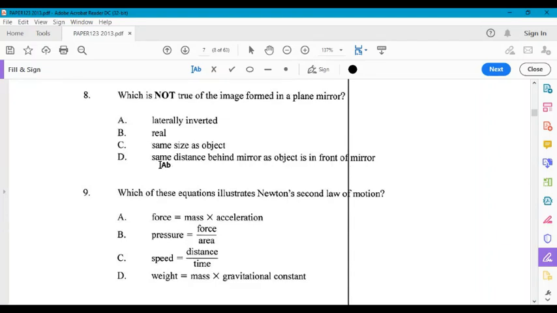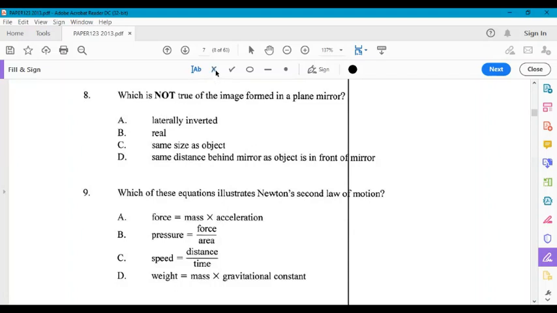So the object is always the same distance in front of the mirror as the image is behind the mirror. And that should give you a little clue right there. Whenever an image is formed behind the mirror, it is a virtual image. So plane mirrors don't give us real images because we can't take them with us. We can't put them on a screen.